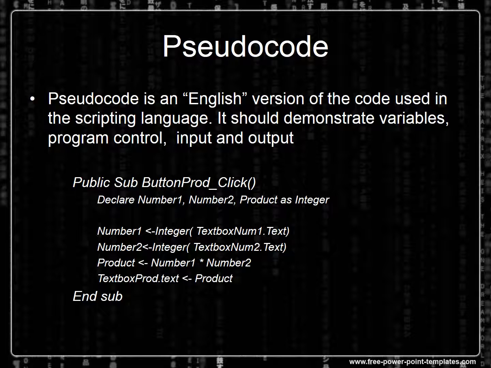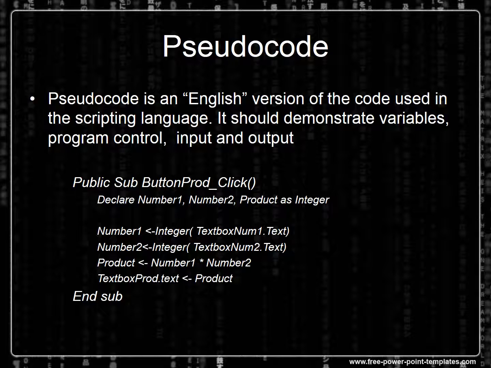But when we use the integer function, it actually changes it into a number with 56 value. So that's why we've got that integer around text box num1.text. And then we see the same thing in the next one with number 2. We see it's got the integer of text box num2.text, and that indicates that again we're changing that into an integer or a value.